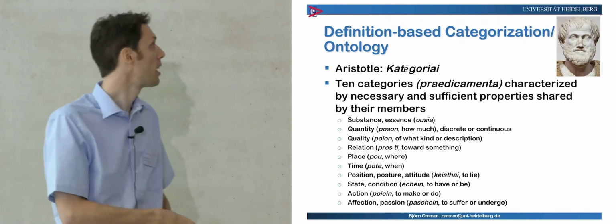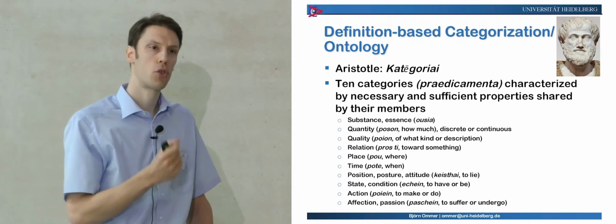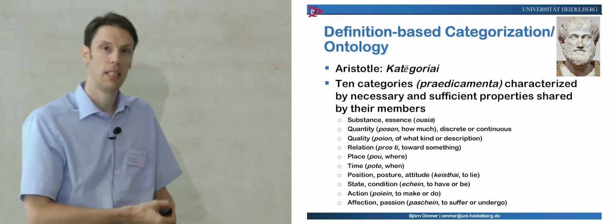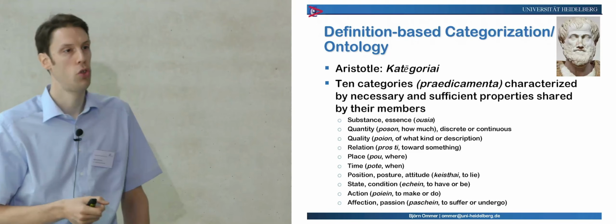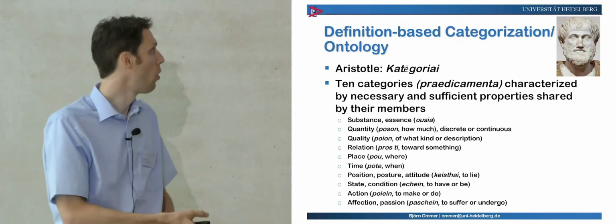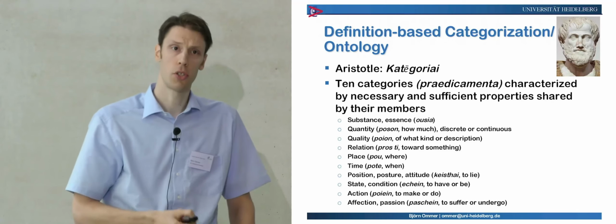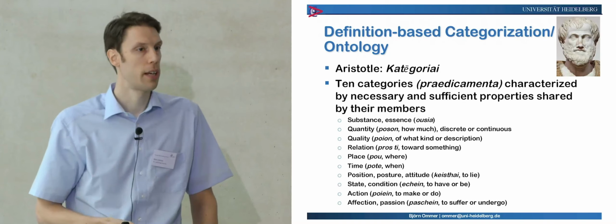He had this nice exposition on categoriae, where he was arguing that there are certain principles, certain properties, necessary and sufficient properties, that you can attach to all members of what he then called a category, or in Latin, these predicamenta, certain necessary and sufficient conditions which all members of a category obey.